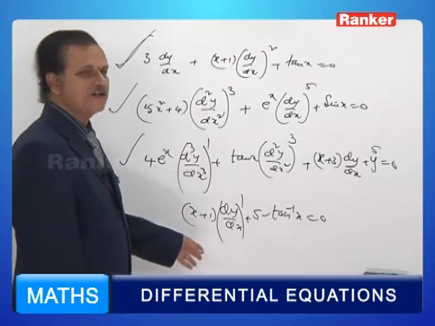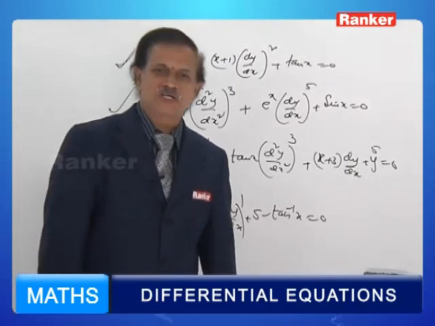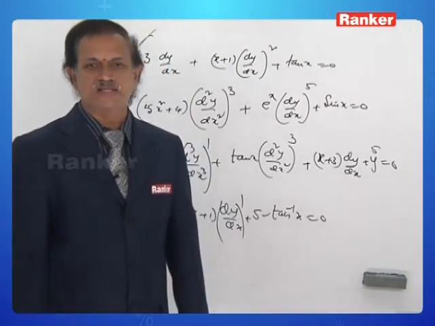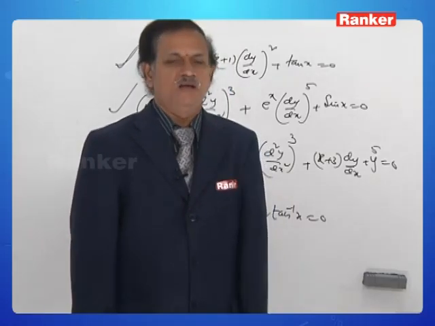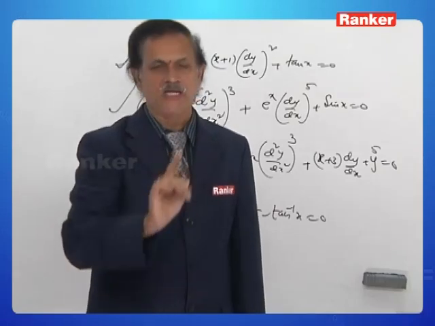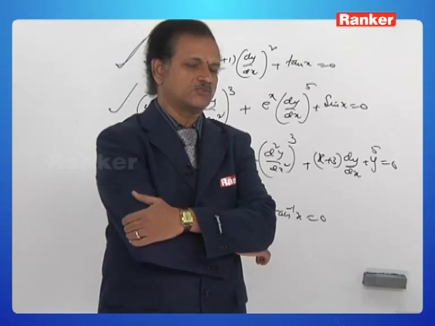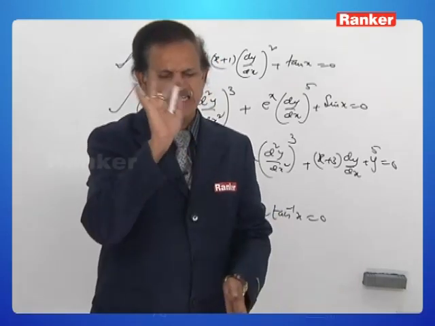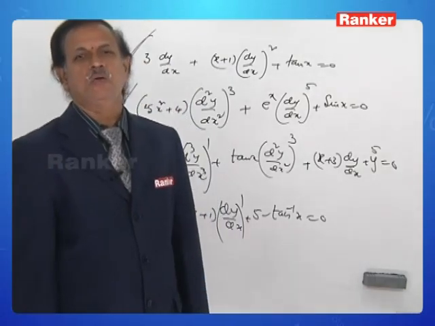So first order and first degree. Therefore, from this discussion, you can easily understand that those equations of first order and first degree will contain just dy by dx only. No question of having dy by dx whole square, dy by dx whole cube, something like that. Such things will not happen. You will have dy by dx only.